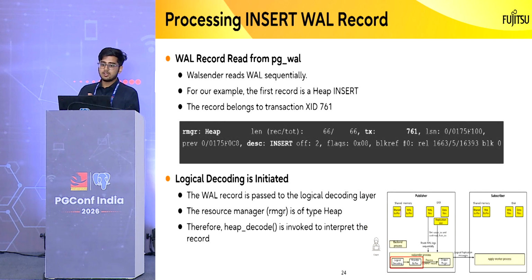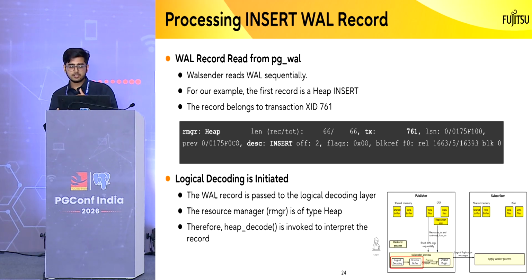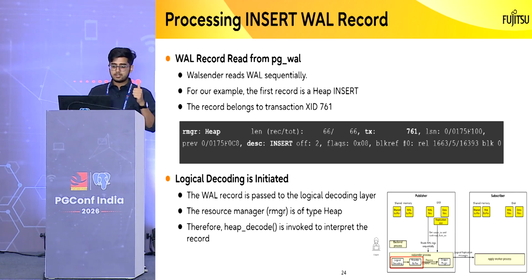Now coming back to our example, we saw how WAL records were generated. Now I will talk about how the WAL sender will process each of the records. First it will start reading the records. The first record it gets is the insert record, and it belongs to transaction ID 761.